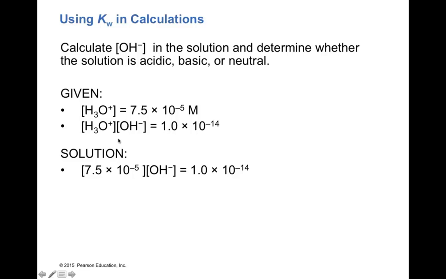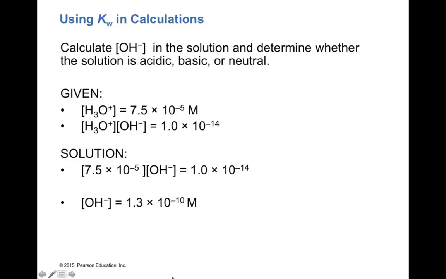So we rearrange this. We put now the Kw, the concentration of hydronium here at this point. And then to determine this value, we need to divide both sides by 7.5 times 10 to the power of minus 5, and that will be equal to 1.3 times 10 to the power of minus 10 molarity. This is the concentration of OH, and this is the concentration of H3O positive.